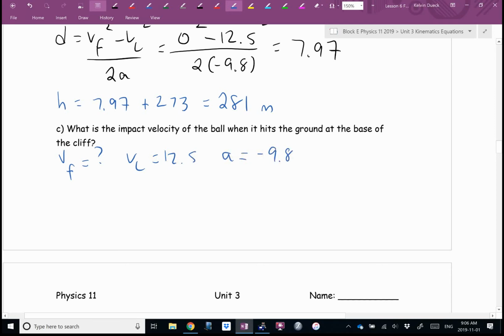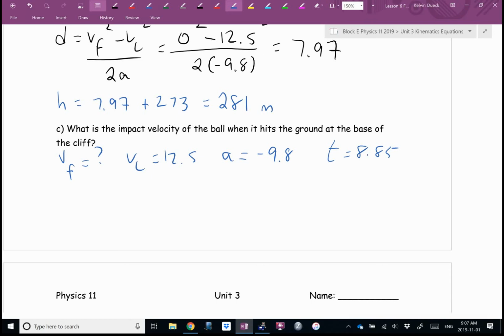Can I use the time of 8.85 seconds here? Can I? Is this at the bottom, at the end of it? Is that what the time given? You know what? I can. Okay. Cool.